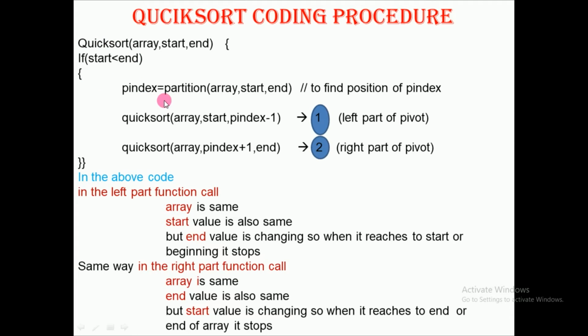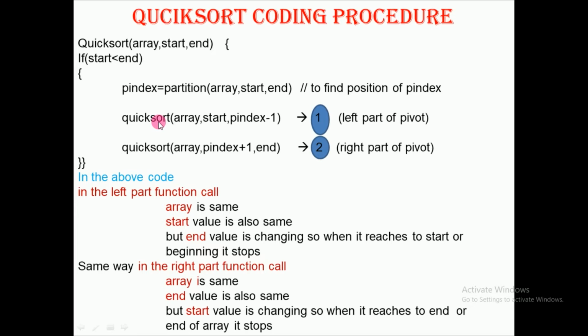Then P index equal to partition array comma start comma end. To find the position of P index, we will use this partition logic or partition technique. Then we will take quicksort array comma start comma P index minus 1. Once you know the P index value, there may be two arrays, left array and right array, that means two virtual arrays.